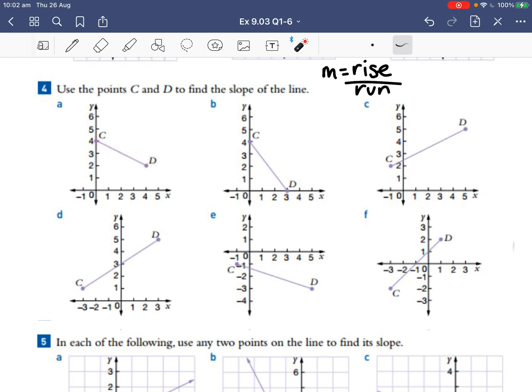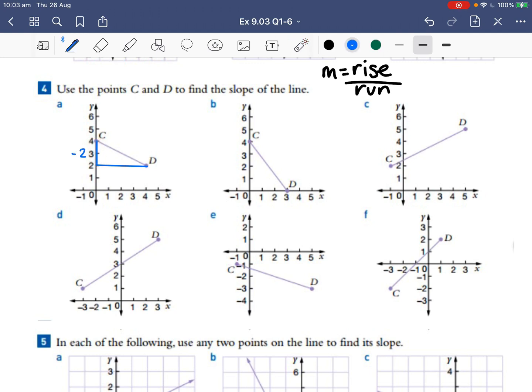Now, the first thing that we should notice about C and D is that it has a negative gradient, because when going from left to right, it is in a downwards motion. So our answer is going to be negative. Then we want to work out how far this falls from the point where C starts until we get to D. If we draw our right angle triangle, that will help us out.